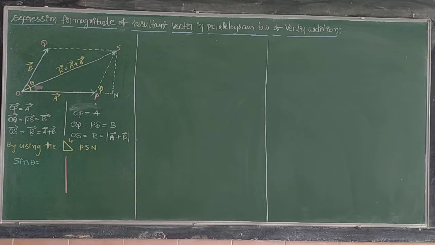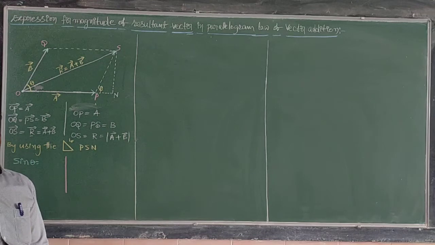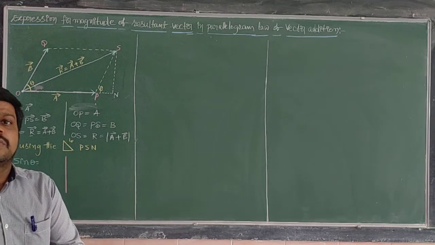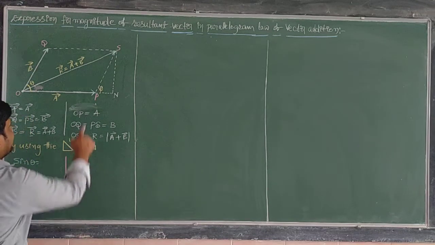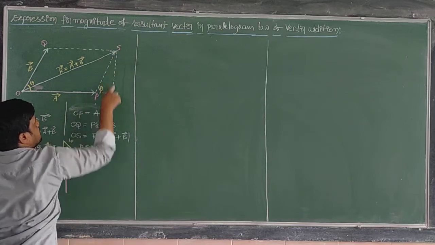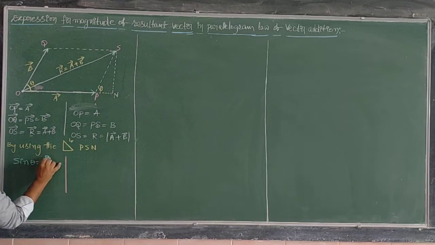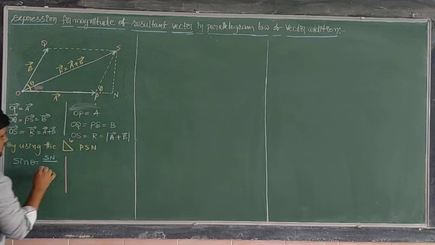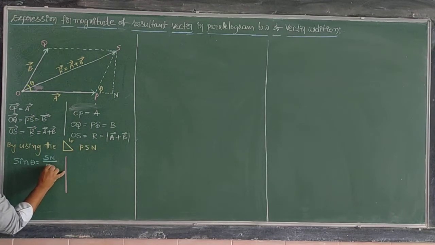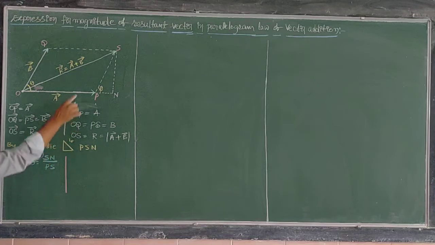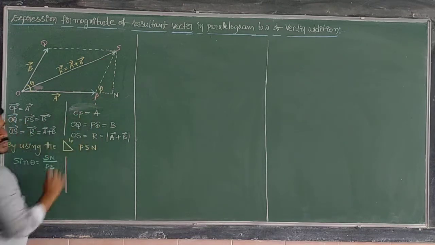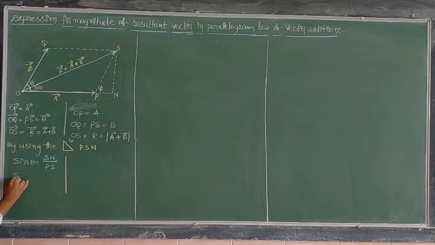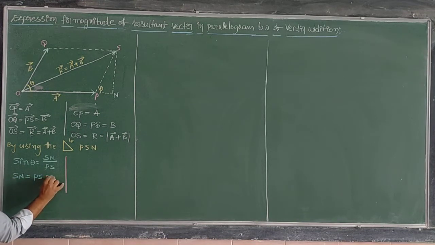What is the sin theta formula? Sin theta is opposite by hypotenuse. For this theta, what is the opposite line? It is SN. The hypotenuse, the sloped line, is PS. From this, SN is the unknown. Let me find SN. SN is equal to PS into sin theta.